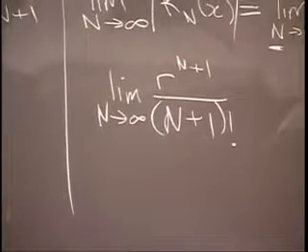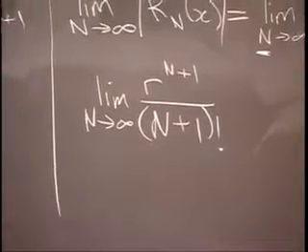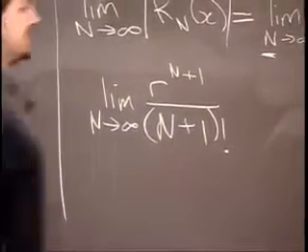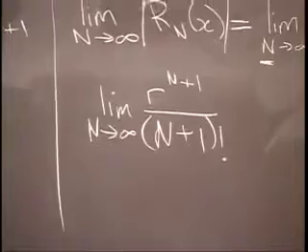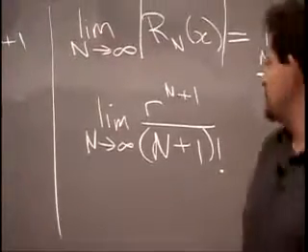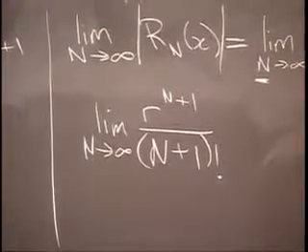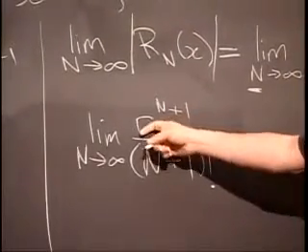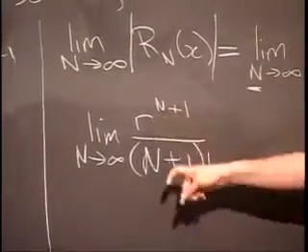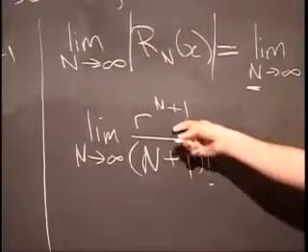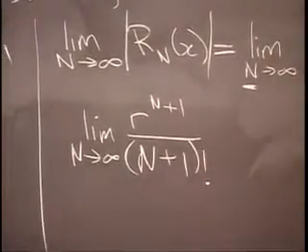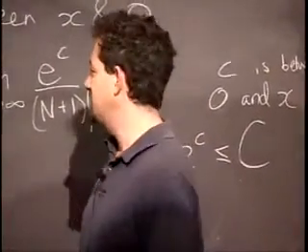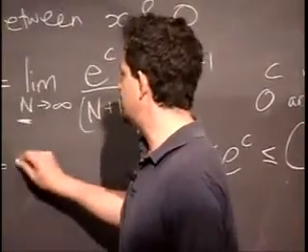Now that's an interesting fact that deserves a proof. I am not going to spend time on the proof. Instead, I encourage you to look at the end of chapter 24 for this proof, to show that the exponentials, although they grow really, really fast, think of this as like 2 to the n, 2 to the n plus 1. Exponentials grow fast, but factorials are really, really fast. Faster than exponentials. They crush them. So that limit is 0.